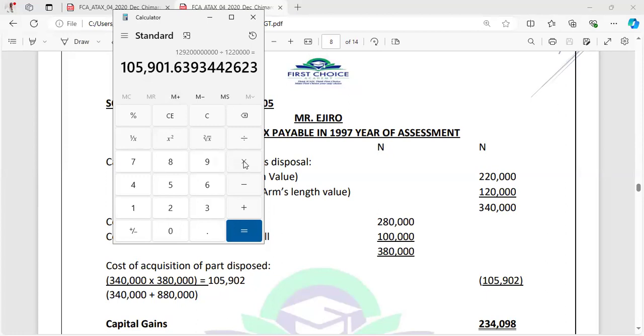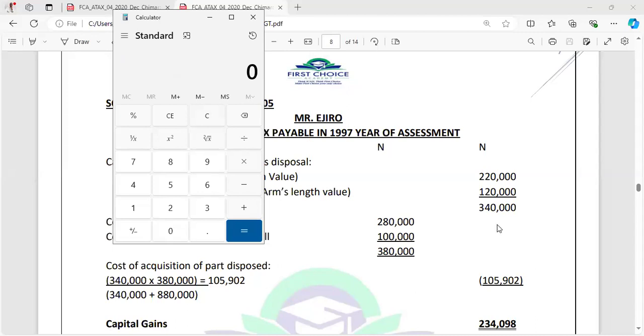If you multiply that, okay, so this is, you're not multiplying. So this is your cost of your assets, 105,902. So you can see it here is the cost of acquisition of the parts disposed.